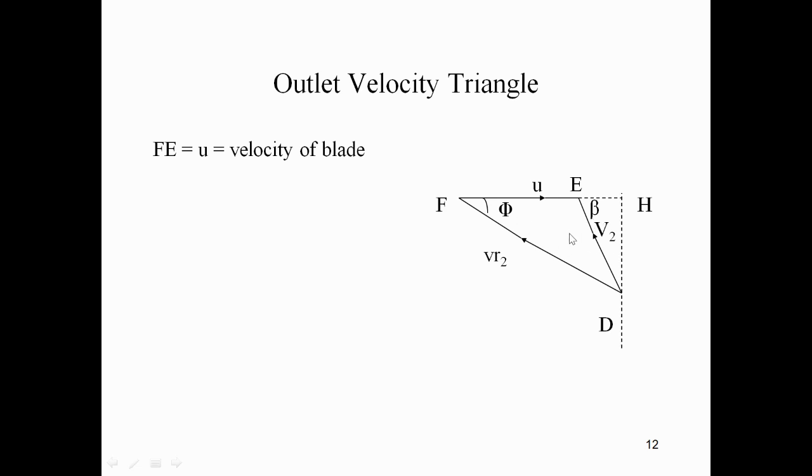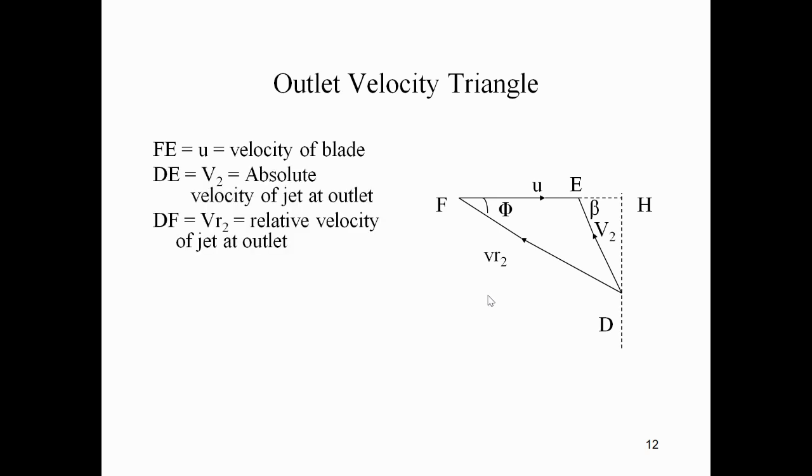These are the two different angles, phi and beta. So EF is equal to U. This is nothing but the velocity of the blade.